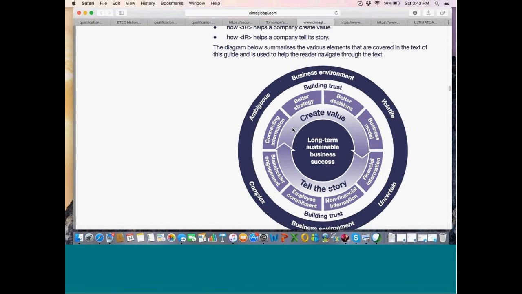The governance, the environment, sustainability, and also the future of the company. So it gives a story to your stakeholders, right? As you can see, it talks about creating value and telling a story to your stakeholders. That's becoming more and more important, right?